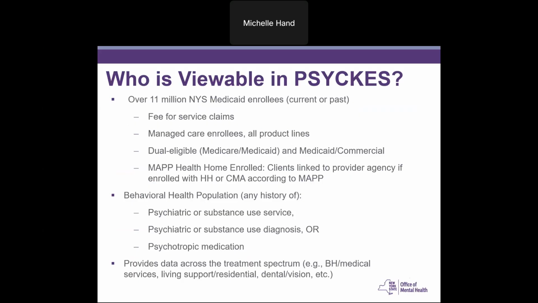So that means that you have a history of psychiatric or substance use services, psychiatric or substance use diagnosis, or any psychotropic medication billed to Medicaid. But once you're in the PSYCKES application, the treatment information will be across the spectrum, meaning you can see information on behavioral health and medical services, living support and residential, lab and pathology, dental and vision, etc.